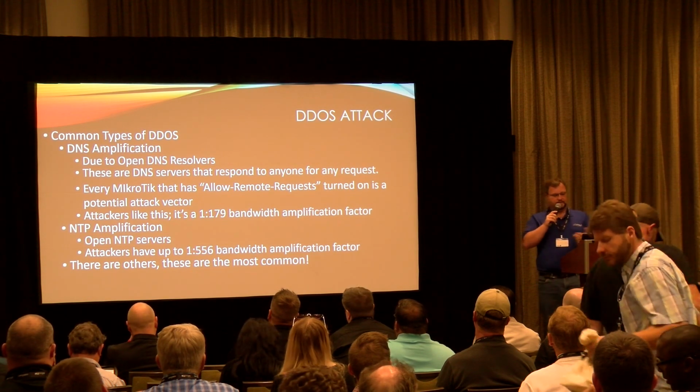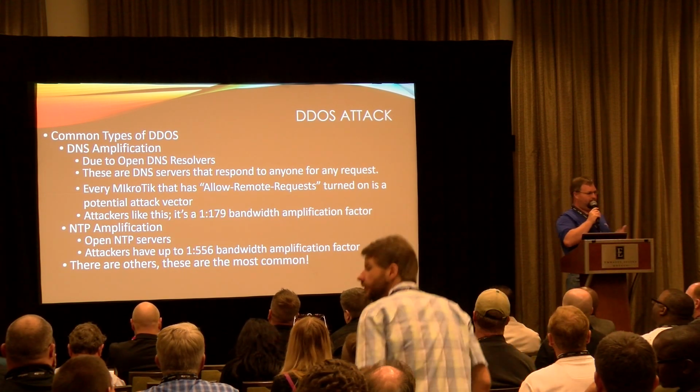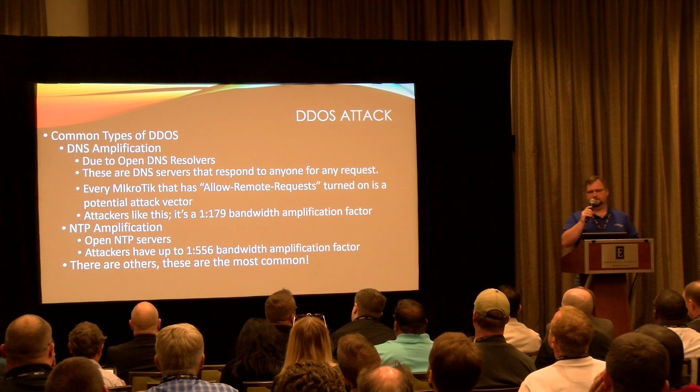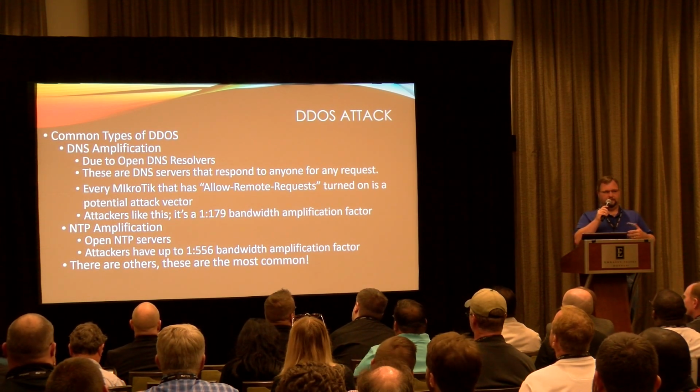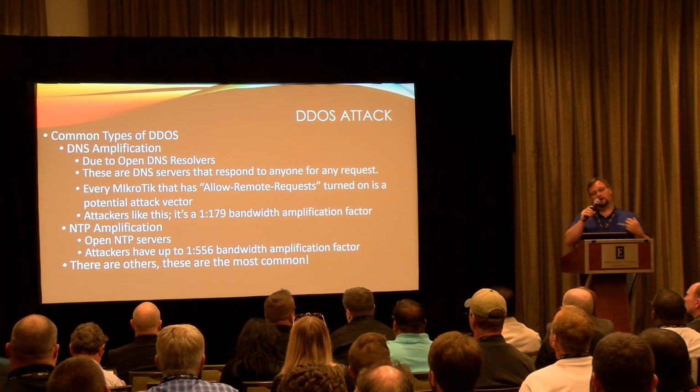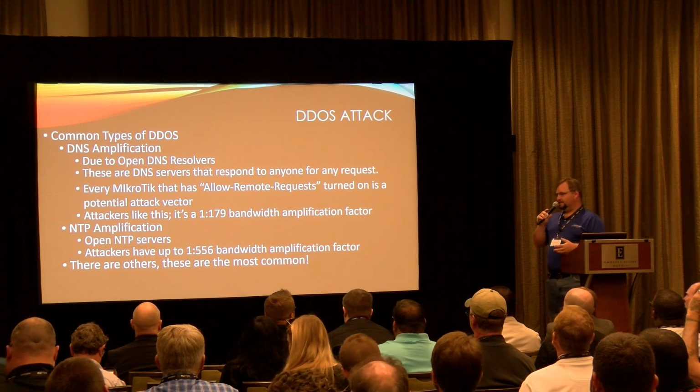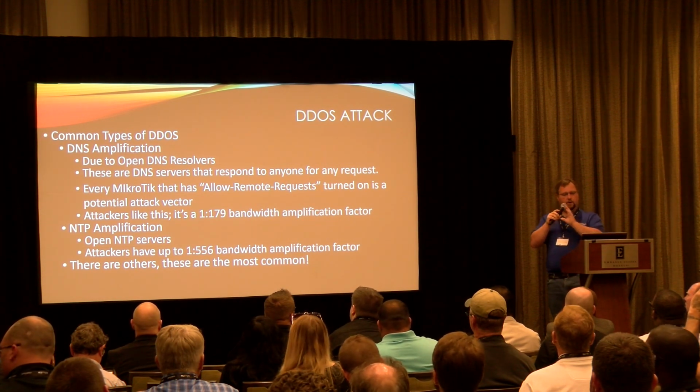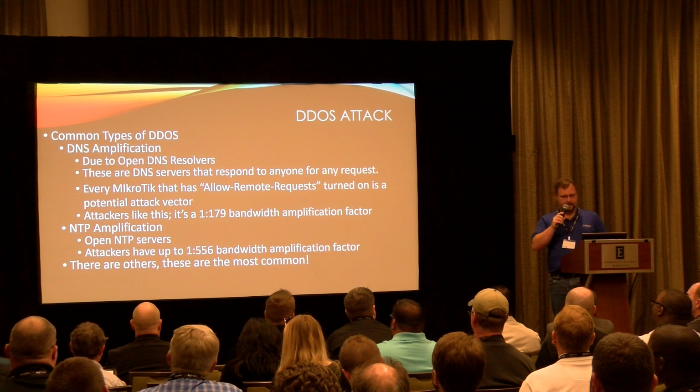Other types of attacks are NTP amplification, if you have an open NTP server. Again, this is not as common. There are other types of attacks, like UDP flooding attacks, but these are the ones we're really going to focus on today.